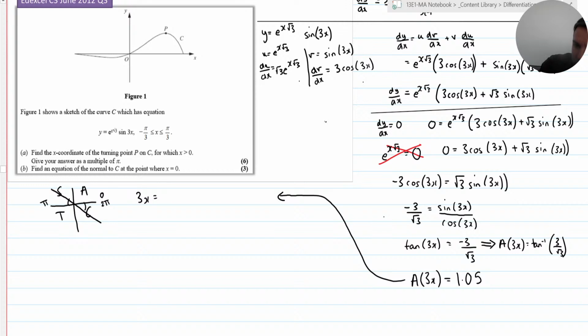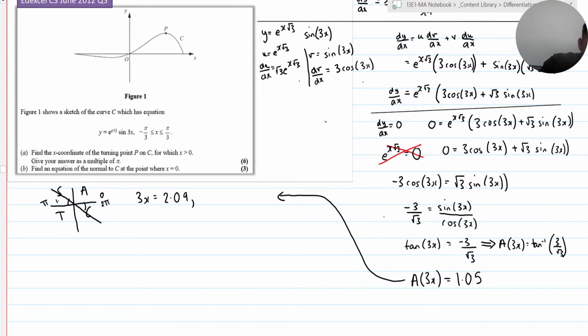So we end up with 3x is equal to shift pi minus 1.05, which is equal to 2.09. But you're also going to have 2 pi, so all the way around there, minus that 1.05.